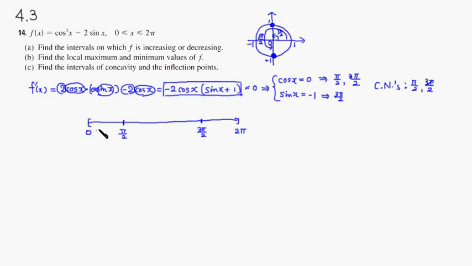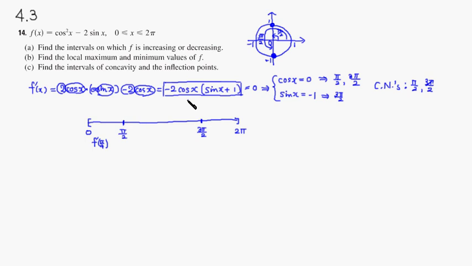We pick any number between 0 and pi over 2. I would choose pi over 4. So we plug in and look at the sign of the derivative at pi over 4.